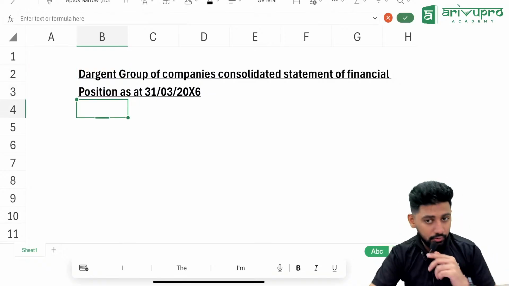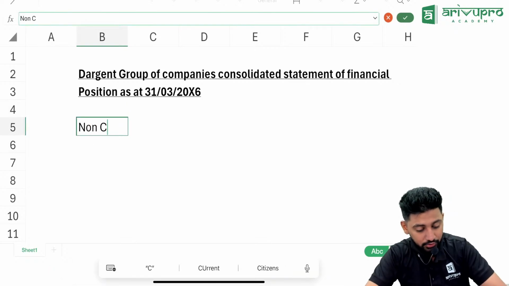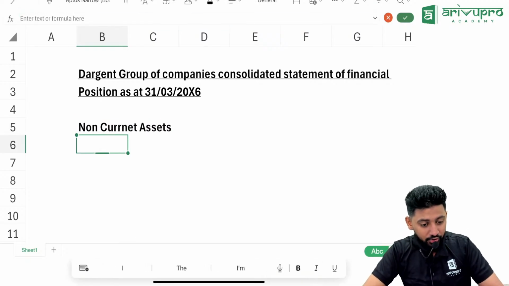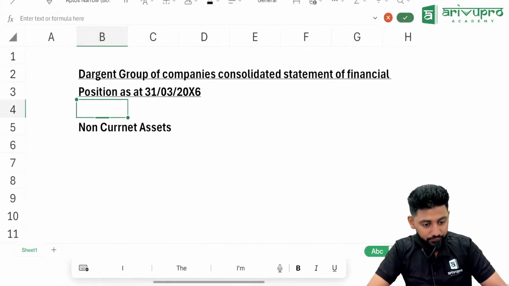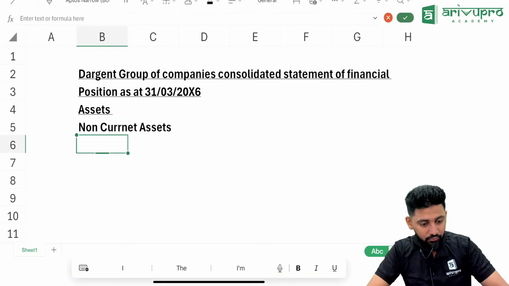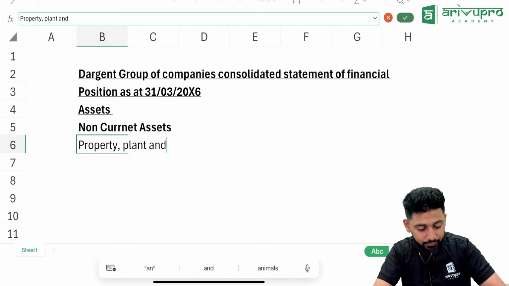Okay, now going back, nothing changing. I have my non-current assets. Under assets, I have my non-current assets. So assets, and below that non-current assets, what do I have? I have my property, plant and equipment. In the exam, I want you to copy paste property, plant and equipment.